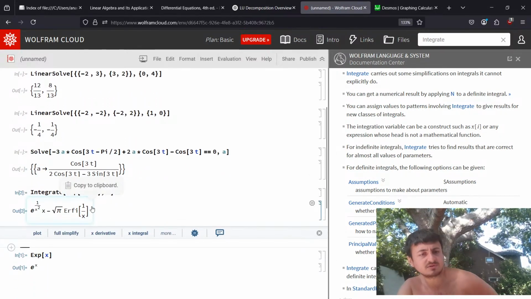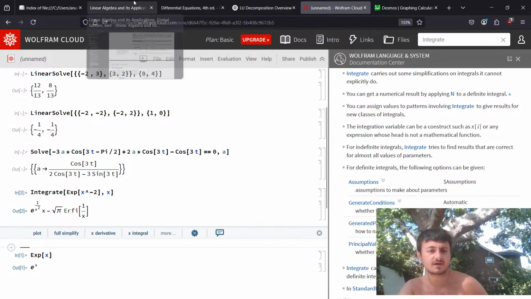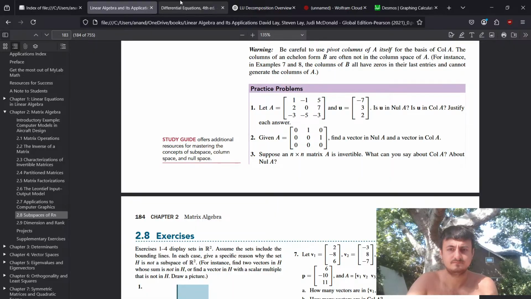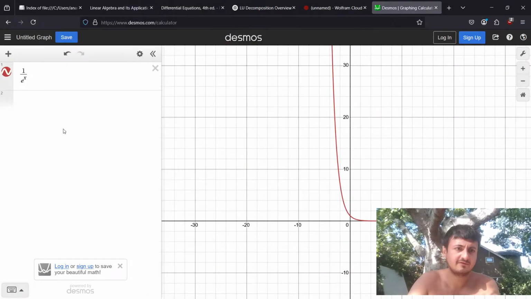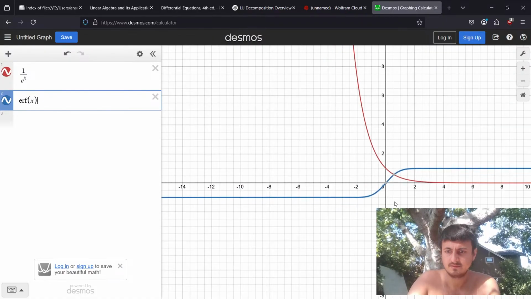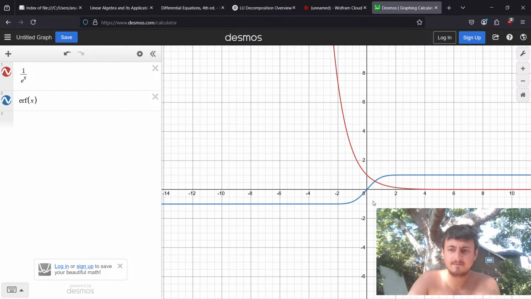So it's not expressible in terms of an easy thing. Okay. Do they have erf in here? They do. Well, that's pretty interesting.